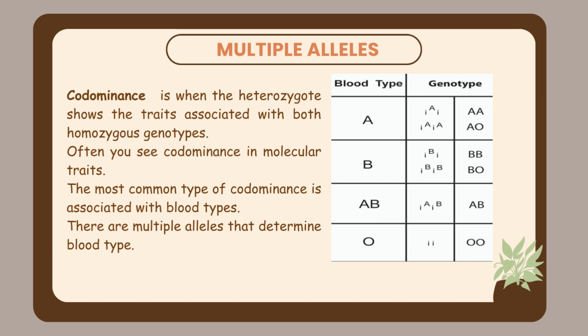Codominance is when the heterozygote shows the associated homozygote phenotypes. Often you see codominance in molecular traits. The most common type of codominance is associated with blood types, and there are multiple alleles that determine blood type. As you can see in this figure on our screen, there are blood types A, B, AB, and O. The middle part is the crossing of the blood types into the universal type.